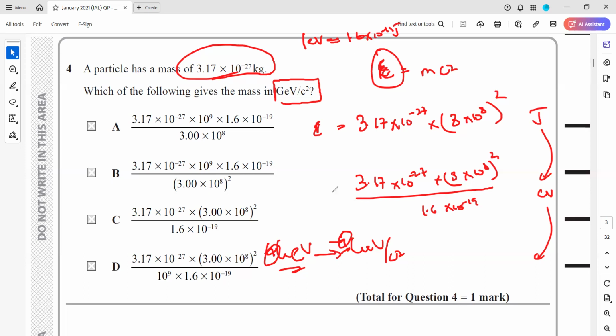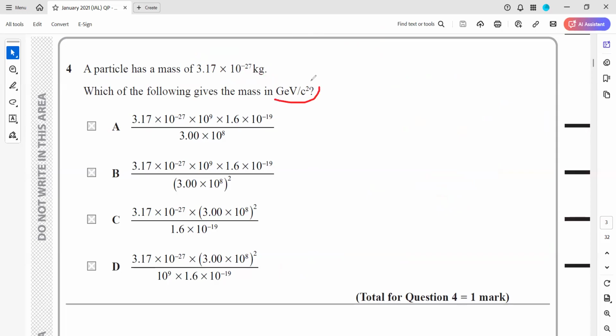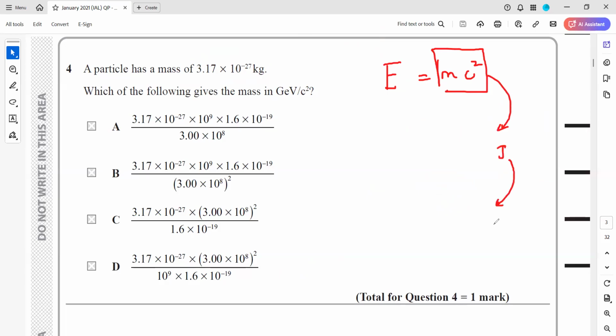As I mentioned, if I want to convert the mass in giga electron volt per c squared into energy, I will do this. But look, the simple concept is that E is equal to mc squared. So we'll find this product, and we'll get the answer in joules. This answer in joules will convert into electron volt, and the electron volt will convert into giga electron volt.